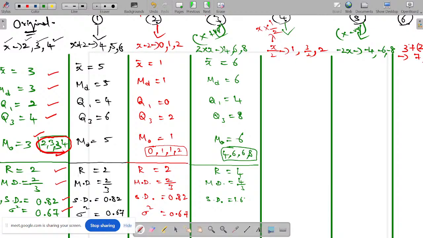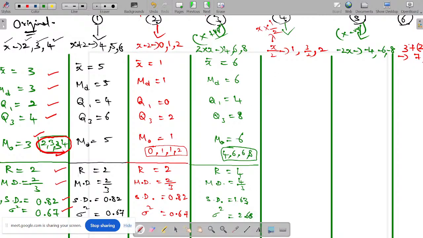Round off to 2 decimals, 1.6329. Okay. Sigma square, 2.65.